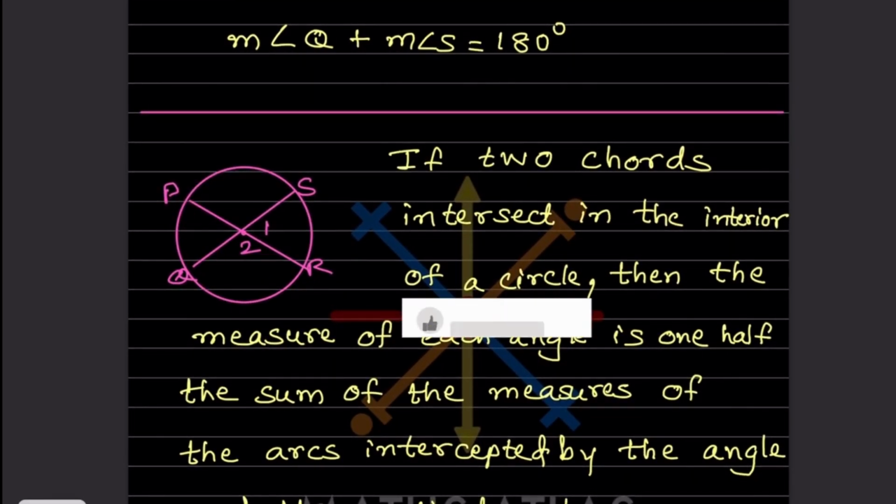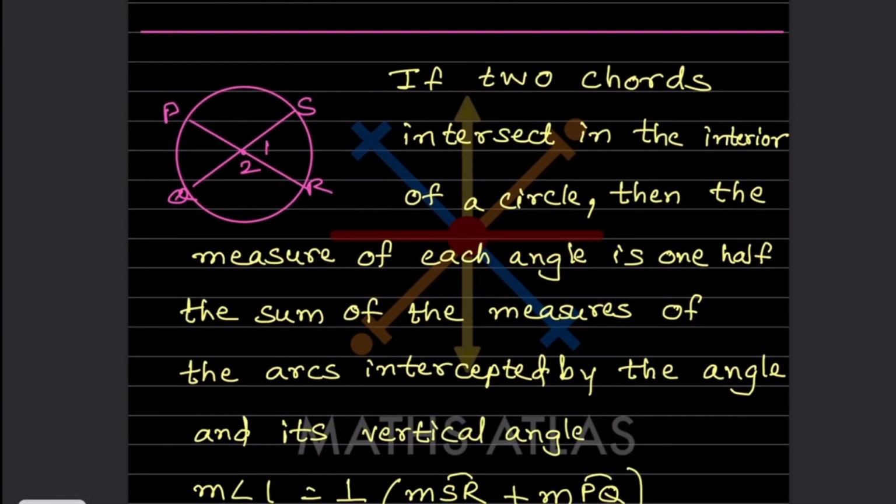Now, if two chords intersect in the interior of a circle, it can be anywhere, then the measure of each angle is 1/2 the sum of the measures of the arcs intercepted by the angle and its vertical angle. So for this angle, it will be half of arc SR plus arc PQ.